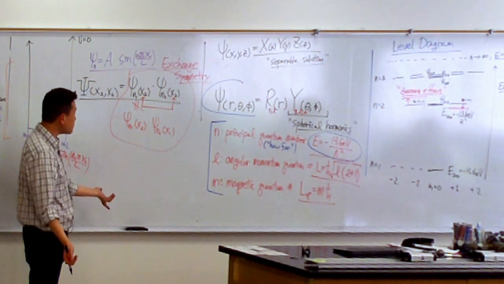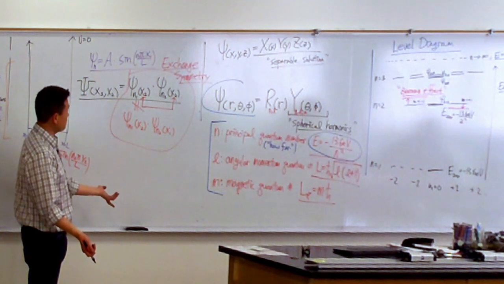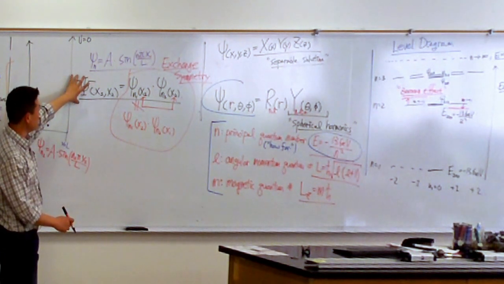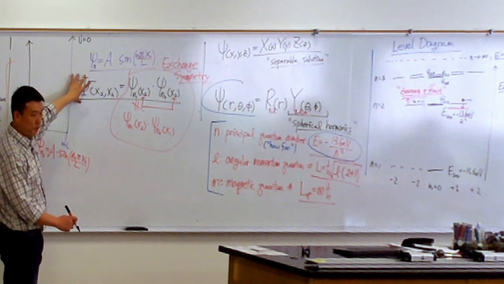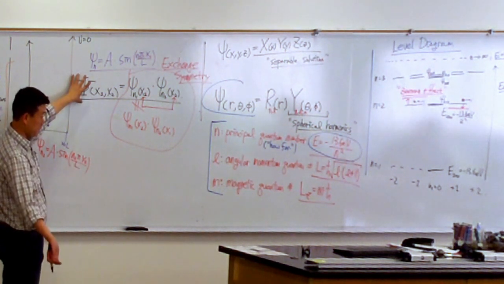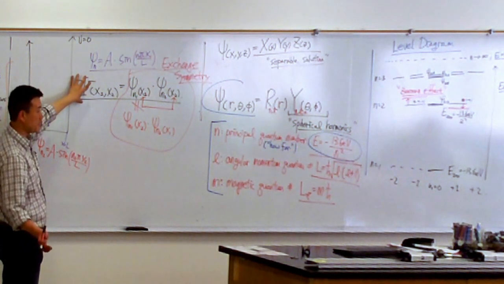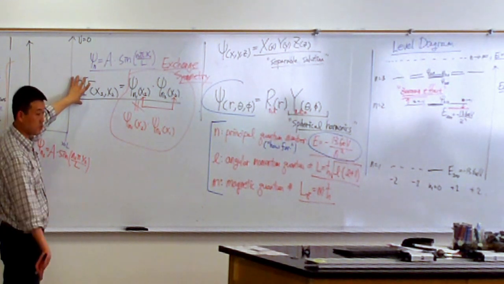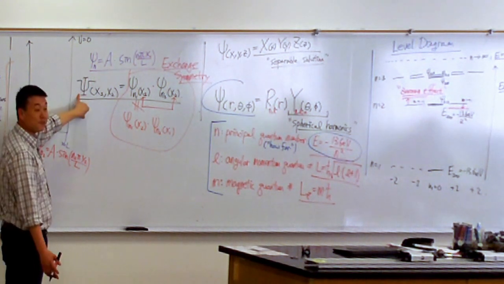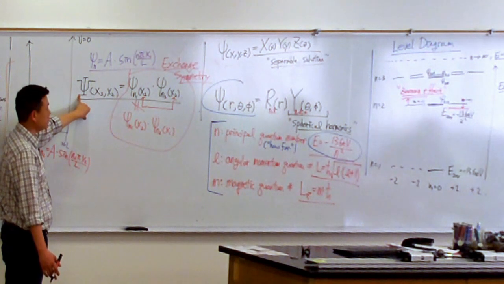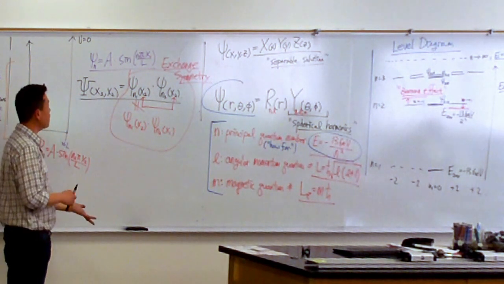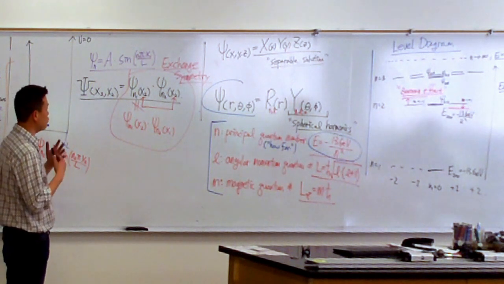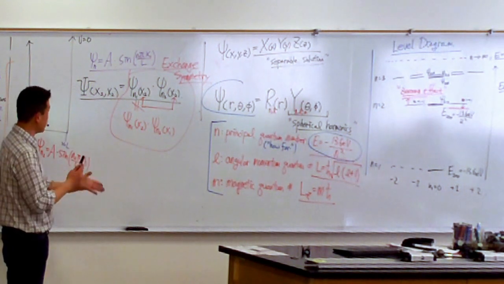So even though this is a way to build up a multi-particle wave function in general, when you start thinking about the fact that quantum mechanical particles are indistinguishable, this starts to break down. And you need a way of constructing the wave function so that it obeys this exchange symmetry.